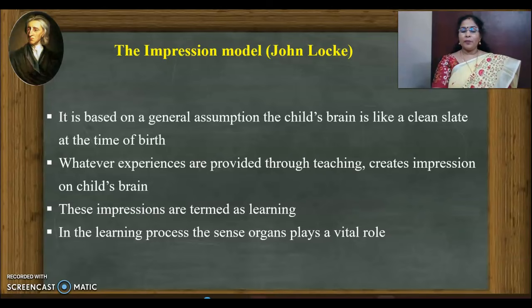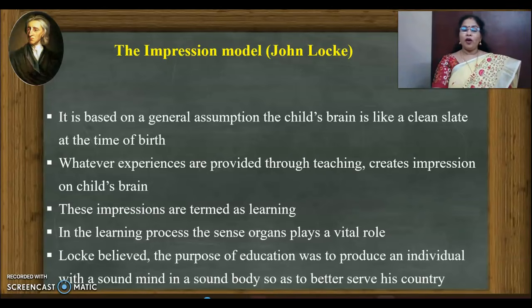And in this learning process the sense organs play a vital role. John Locke believed that the purpose of education was to produce an individual with a sound mind and a sound body so as to better serve the country.